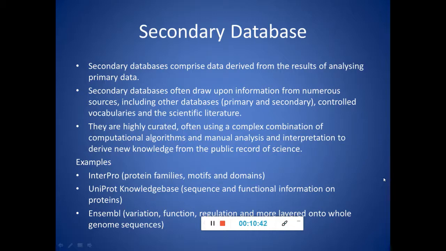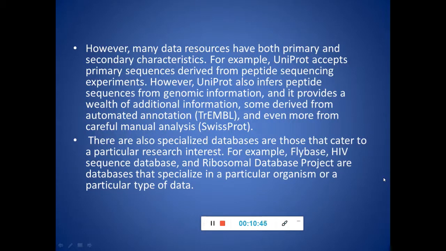Now you should also consider one thing: many data resources may have both primary as well as secondary characteristics. For example, UniProt accepts primary sequences derived from peptide sequencing experiments. However, UniProt also infers peptide sequences from genomic information, and it provides a wealth of additional information, some derived from automated annotation and even more from careful manual analysis.